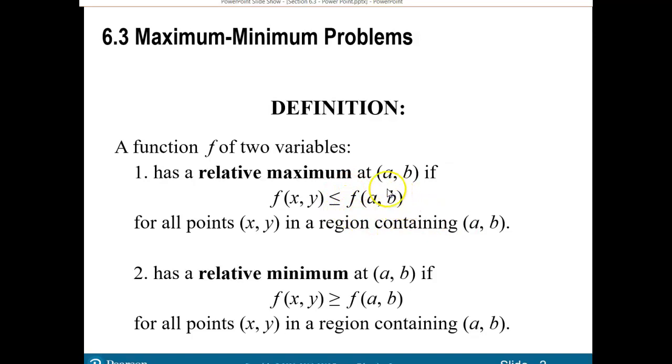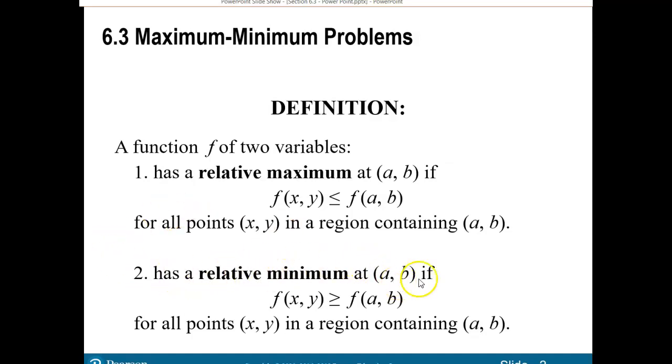So in other words, the function value at this point (a, b) is bigger than any other function value. That would mean it's a relative max within a region containing that ordered pair. So it might not be the overall absolute max of the whole thing, but within a smaller subset of the domain, it's a maximum point.